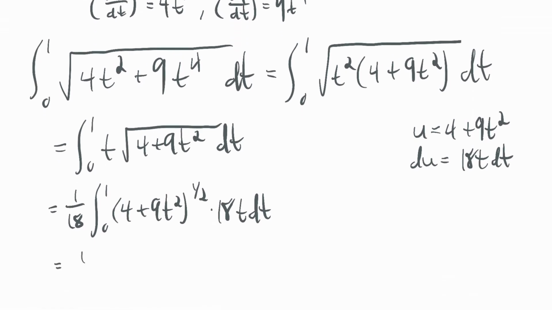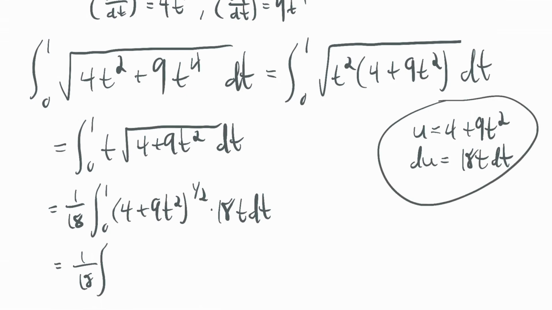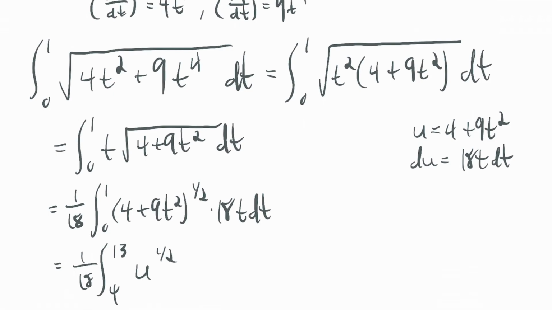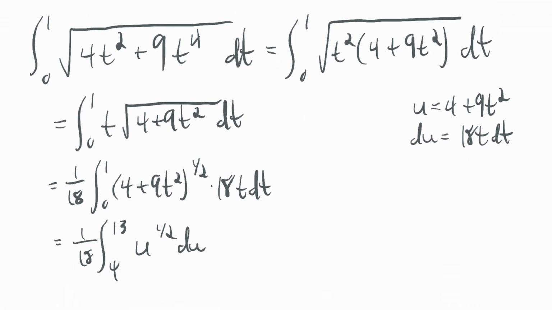So 1 over 18, plugging in 0 for t, I'll get 4, and plugging in 1, I'll get 13, of u to the 1/2 power du. So this will be 1/18 times 2/3, so 1 over 27, times u to the 3/2 power, evaluated at 4 and 13.